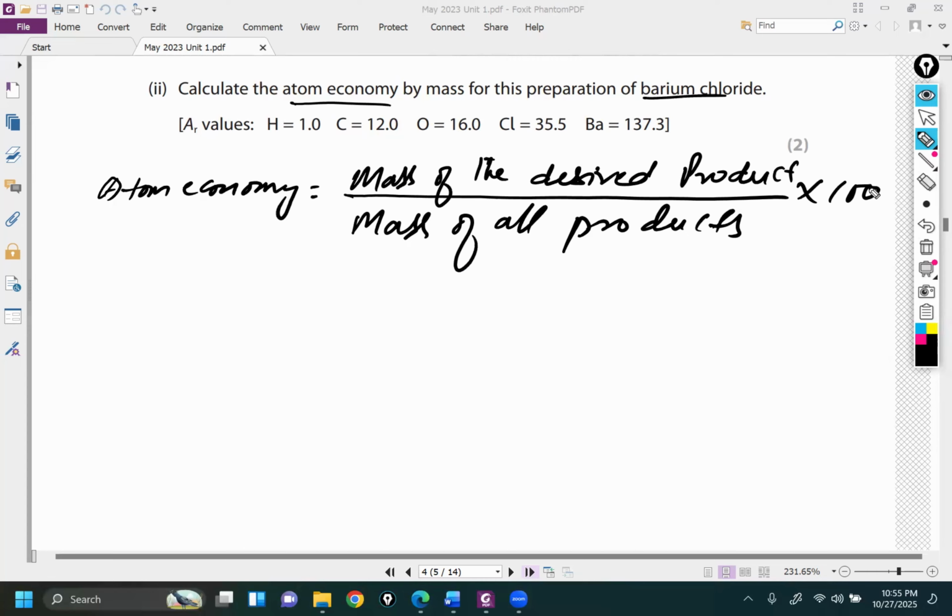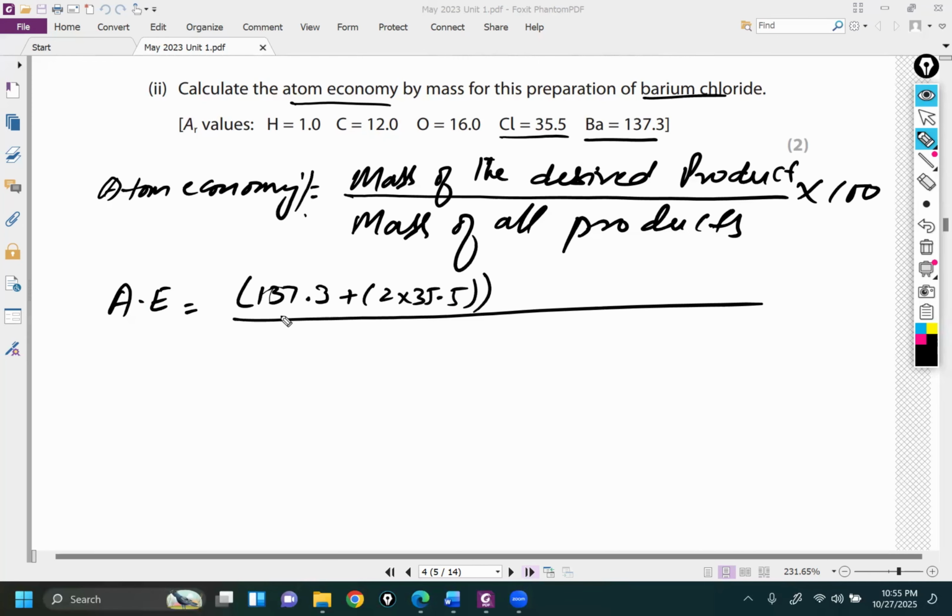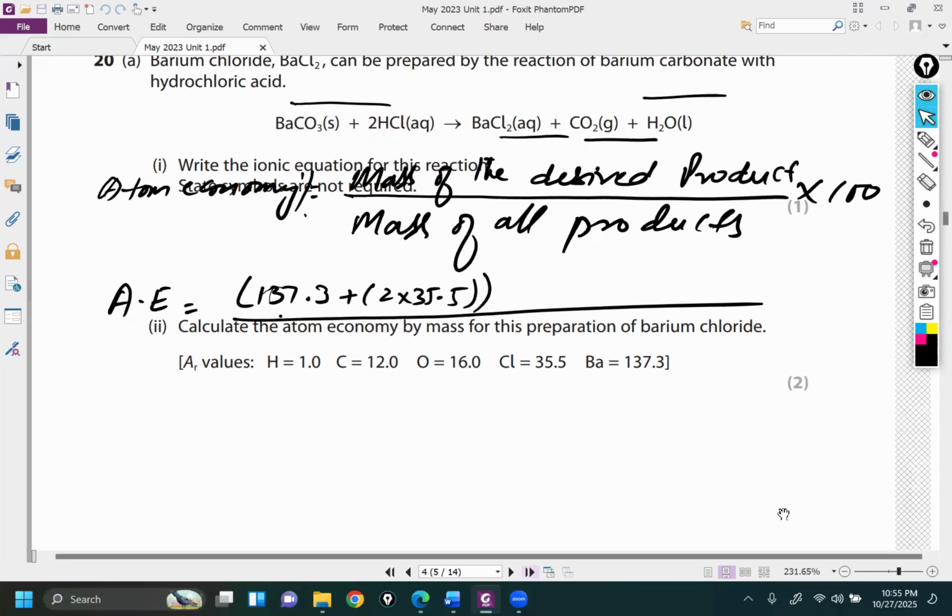Now, for the atom economy percentage, we write the mass of the desired product, barium chloride. Barium is 137.3 and chlorine is 35.5. So you will write 137.3 plus 2 times 35.5. Then divide by, again, this, because this is the pure product. If you look at the equation, barium chloride we wrote.